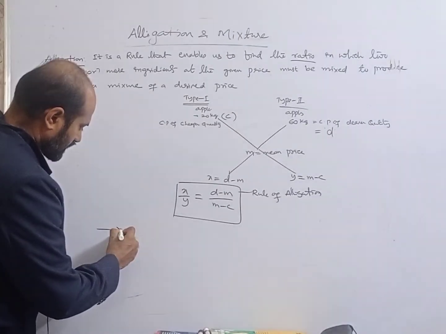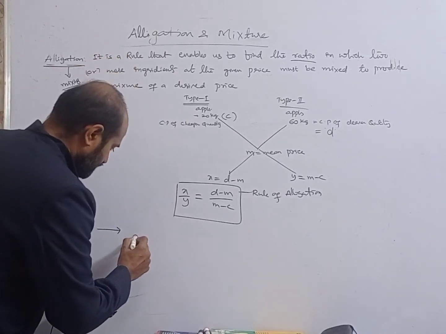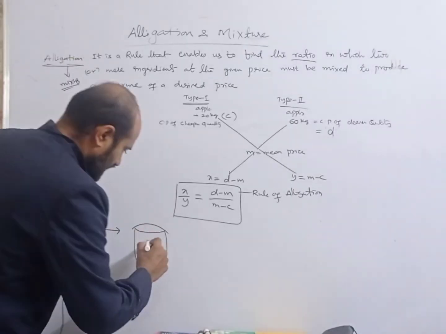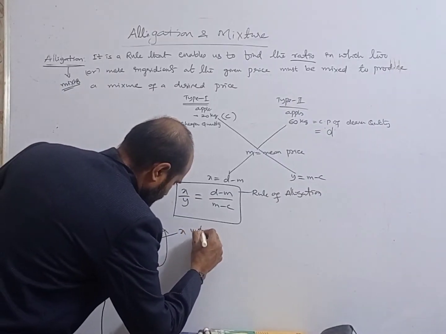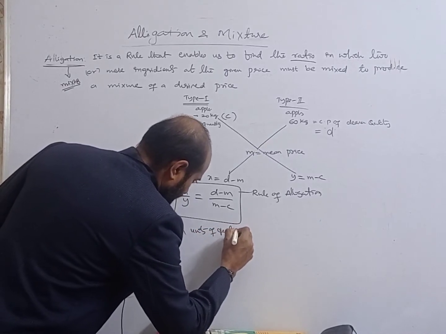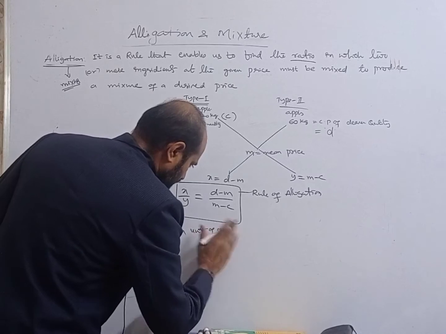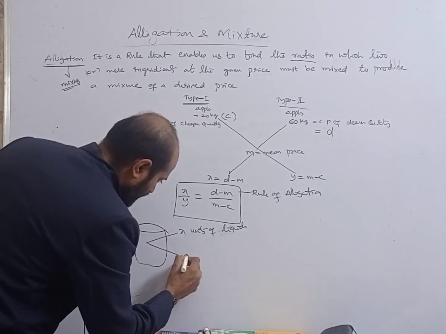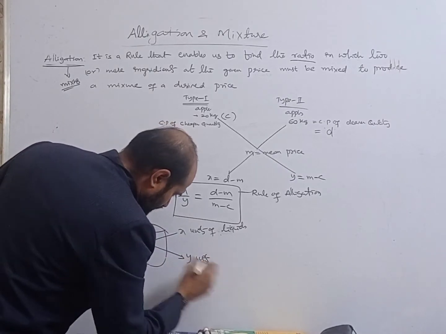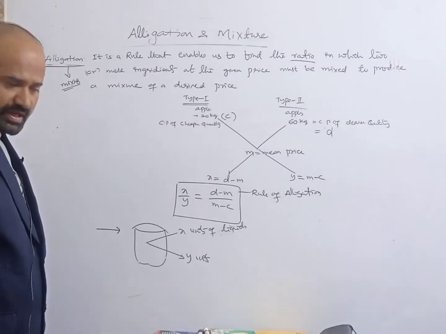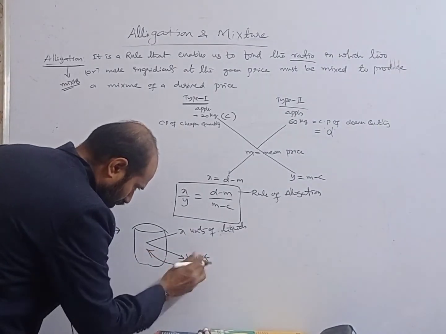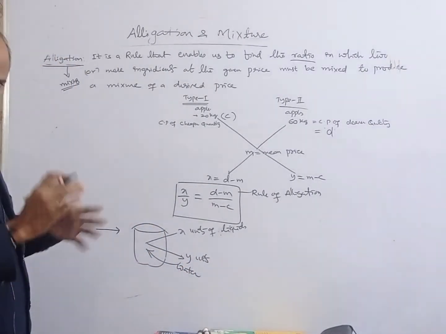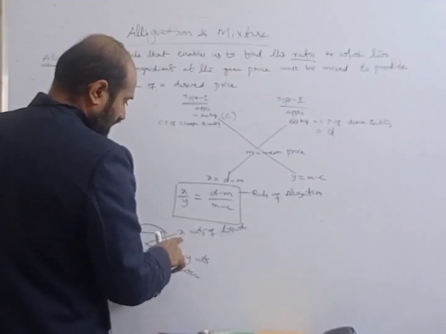And the second one. For example, suppose a box or a can is there, and in it there are x units of liquid.